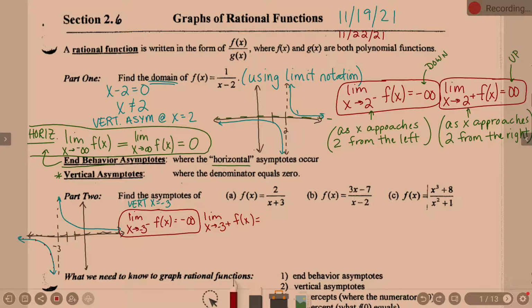Then we're looking at x as x approaches -3 from the positive side. So now I'm going to start over on the right side of my graph, and I'm going to follow my graph. As I follow my graph and we get closer and closer to x equals -3, where's my graph going? Up to positive infinity.